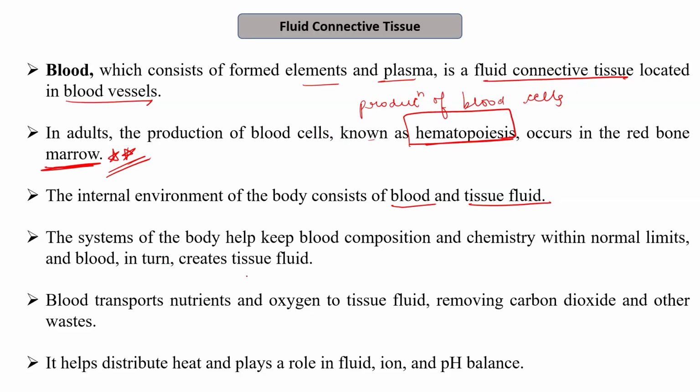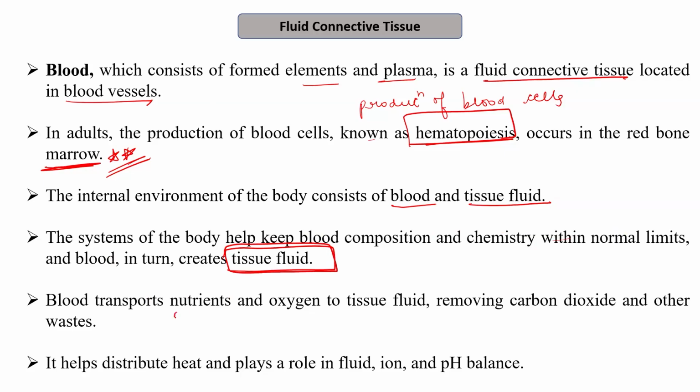The system of the body helps keep the blood composition and chemistry within normal limits. Like we have a process of homeostasis that maintains the temperature and the pH of the blood. In order to maintain the pH or the salt composition within the blood, the body creates the tissue fluid.